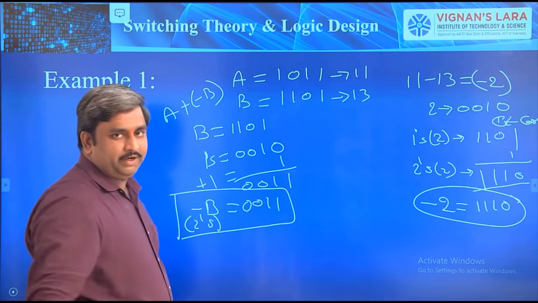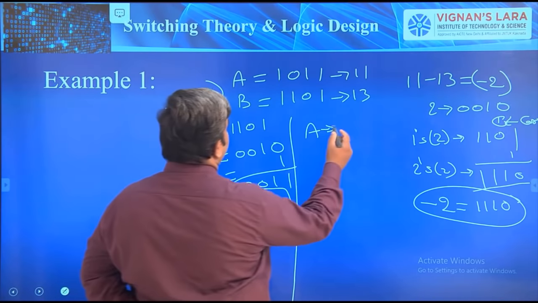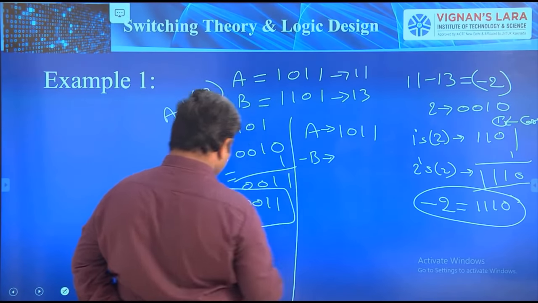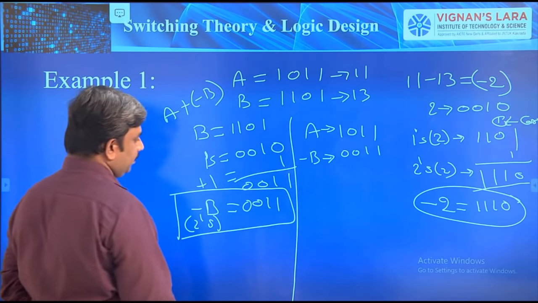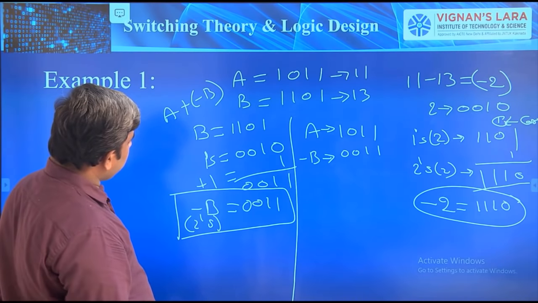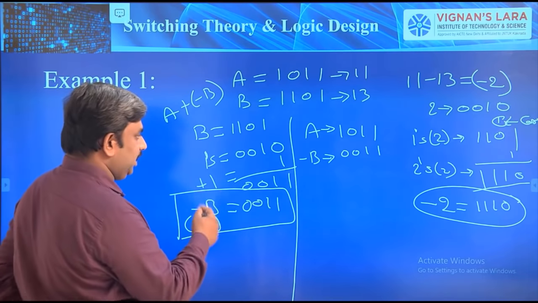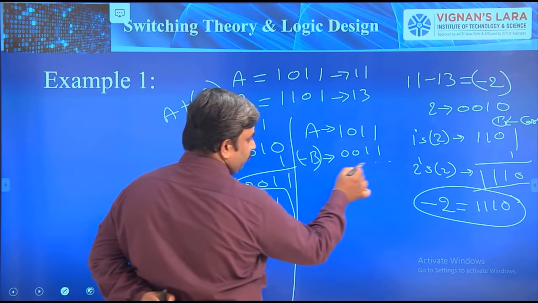Now A is 1, 0, 1, 1 and minus B is 0, 0, 1, 1. Is it clear? Right, everything is right. So here we have to perform A plus minus B.